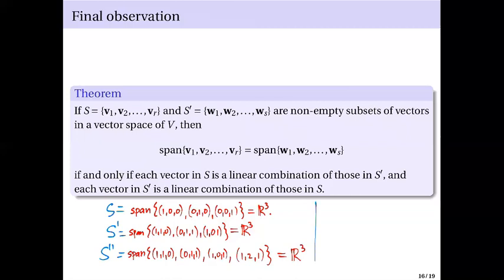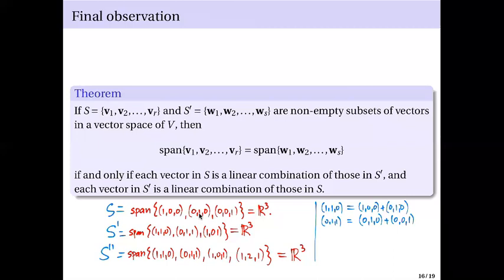Your (1, 1, 0), you can write this as (1, 0, 0) plus (0, 1, 0). Okay? So I just use two elements in this here. Your (0, 1, 1), this is equal to (0, 1, 0) plus (0, 0, 1).